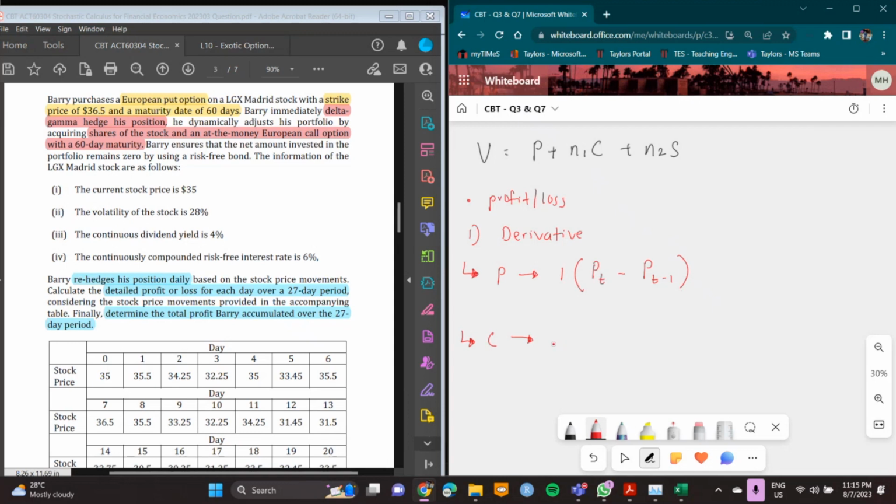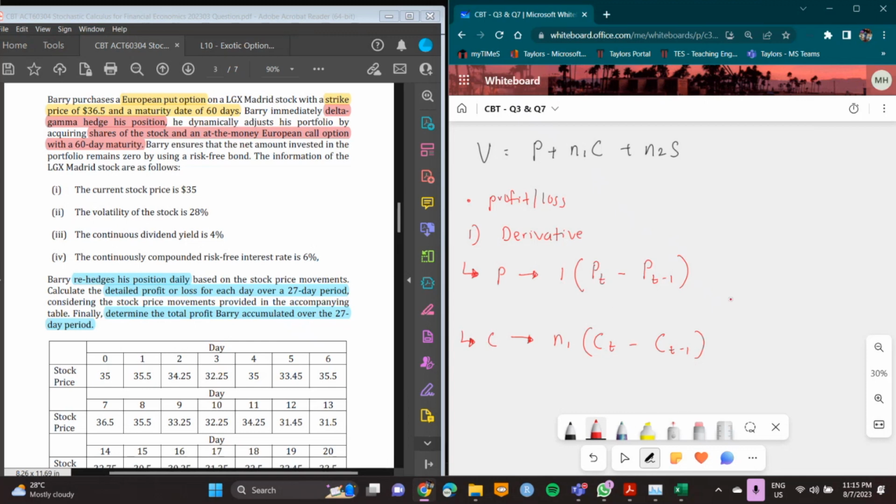Same goes for the call, but for the call we have the N1 value here. So N1 times the call at T minus the call price of the previous day. When we do this for each day, we can eventually find the put price and call price for each day.